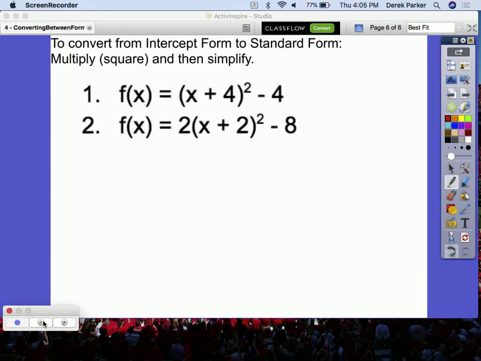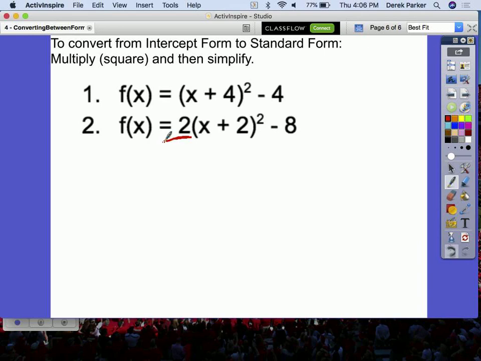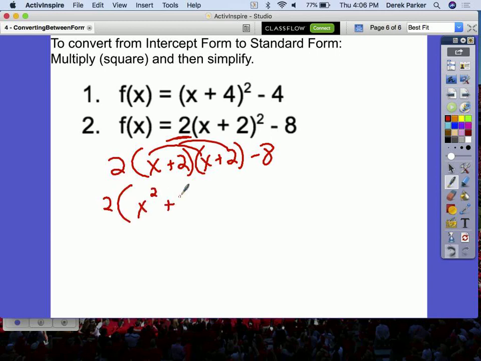To solve the next problem, it's a little tricky. You will need to save this 2 until the end. Do not distribute just yet. Remember, exponents in the order of operations come first. So, 2 times x plus 2 times x plus 2 minus 8, x squared plus 2x plus 2x plus 4 minus 8.